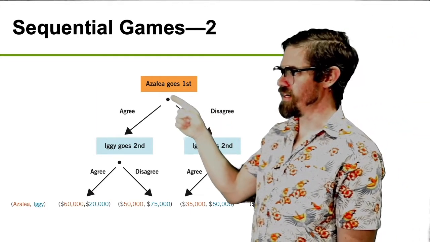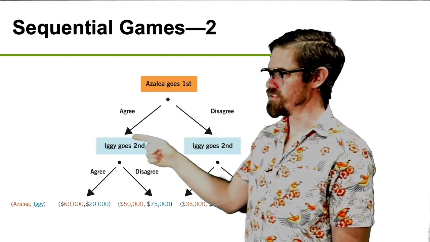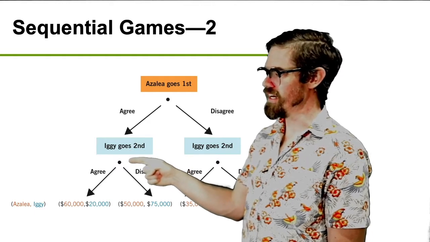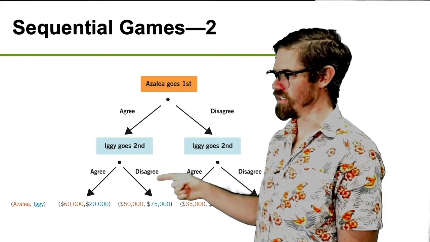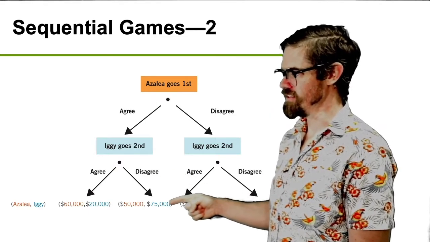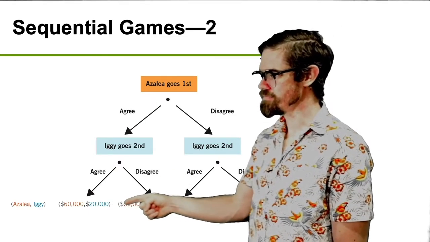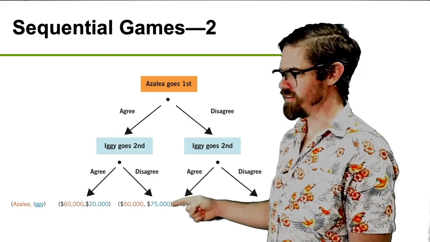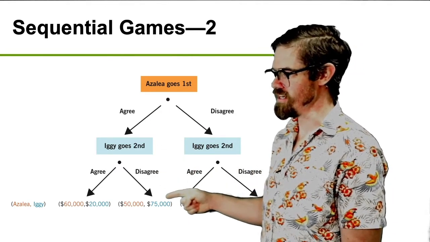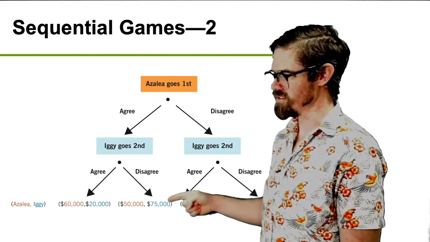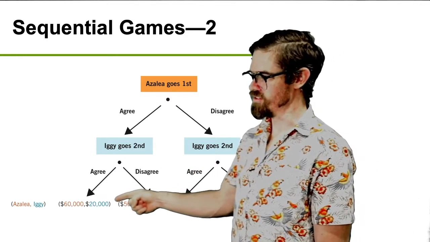Let's start off by assuming that Azalea agrees. If she did that, she knows that Iggy would then have these choices and get these payoffs. Given that she agrees, she knows that Iggy would choose to disagree because 75,000 is better than 20,000.